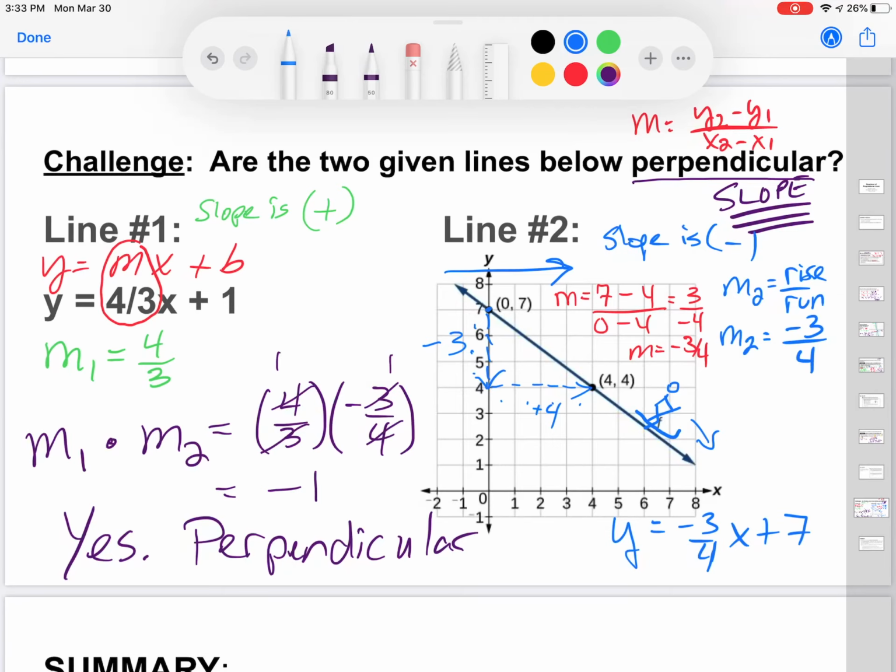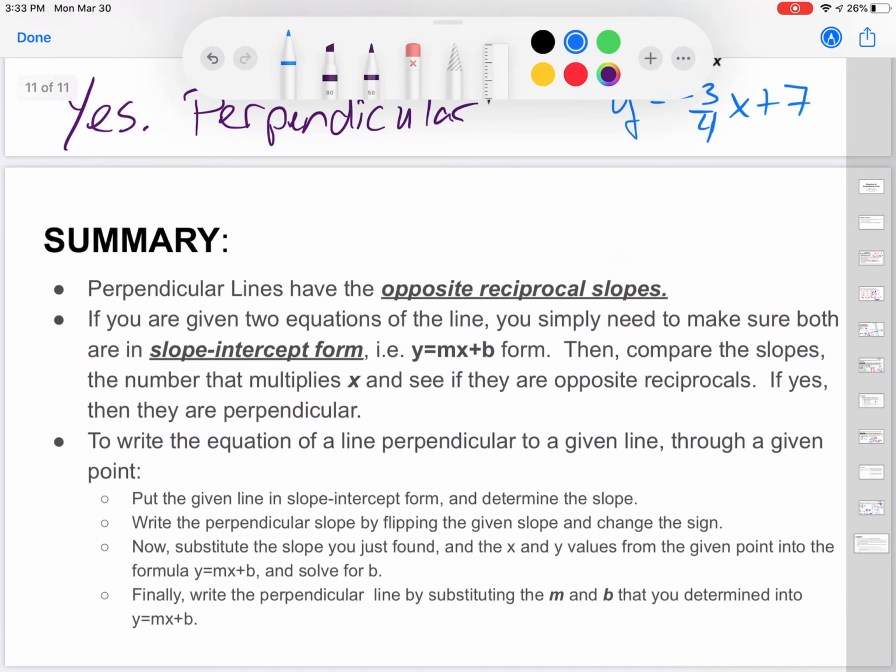All right. Finally, in summary, recall perpendicular lines have opposite reciprocal slopes, or negative reciprocals, which simply means flip it and change the sign. That is what opposite reciprocal means.